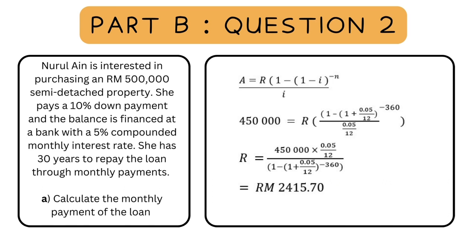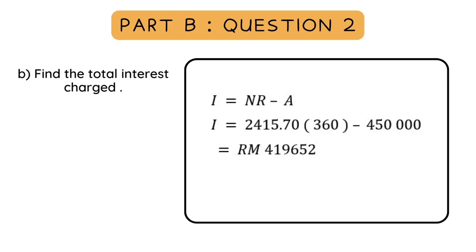R equal 450,000 multiply 0.05 divided by 12 per 1 minus bracket 1 plus 0.05 divided by 12 bracket minus 316 power, and we get the answer is 2415.17.